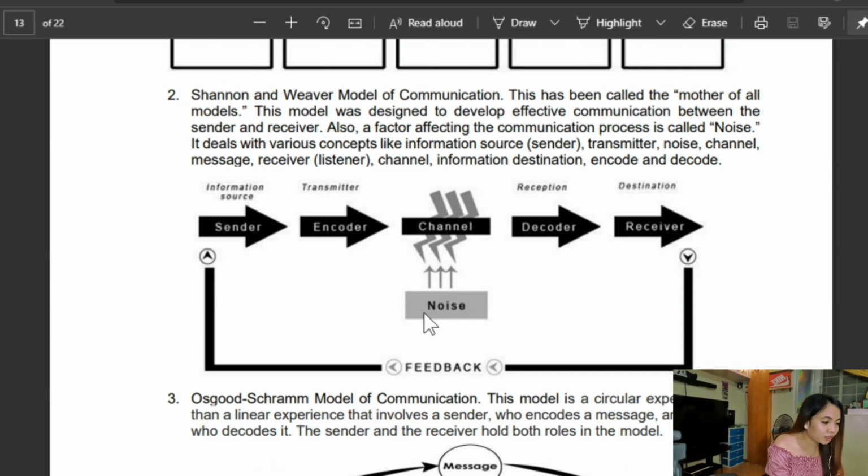So sa noise naman, dito yung struggle, yung problema when it was sent through this channel. Example, kung sinend via call, pwedeng reception, yung signal reception, it could be the noise. Kapag verbal naman, kausap, it could be the surrounding, kung maingay ba or hindi. Okay? So, yun yung noise.